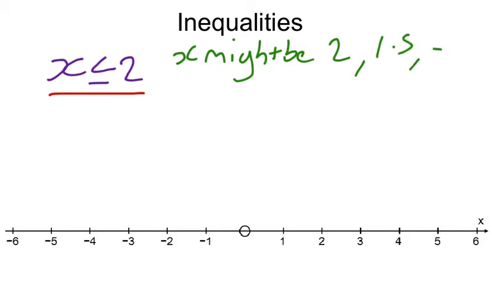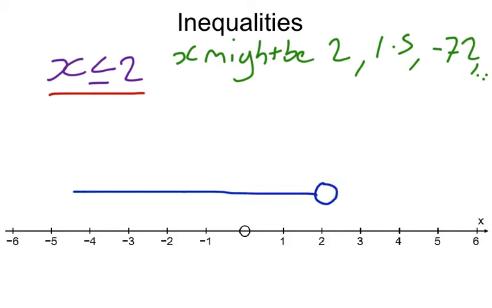It could be minus 72. And again, the numbers go on forever and ever. There are infinitely many numbers we could say that this is. So this time we put our circle above 2, and because we want the numbers that are less than 2, our arrow's going to go in that direction to the numbers that are less than 2.